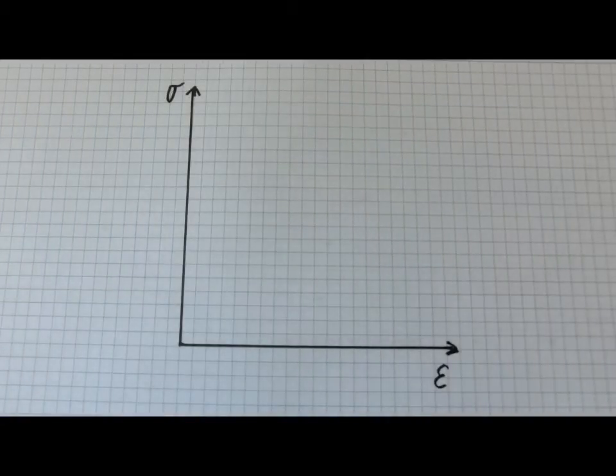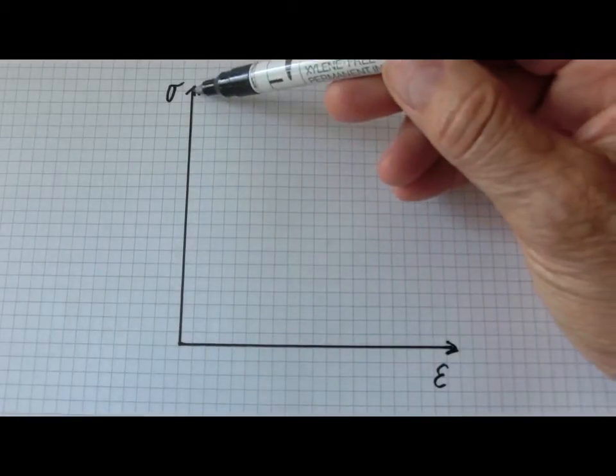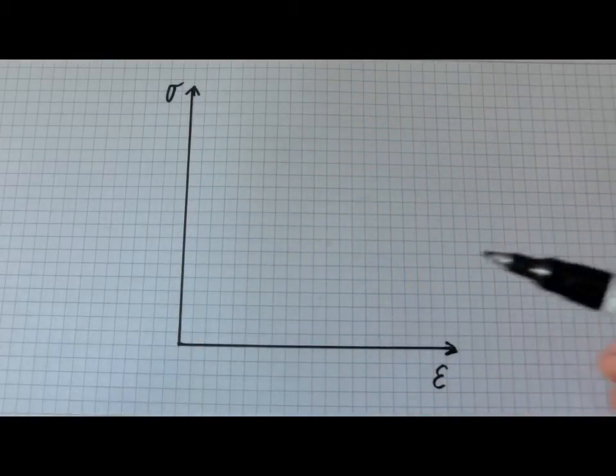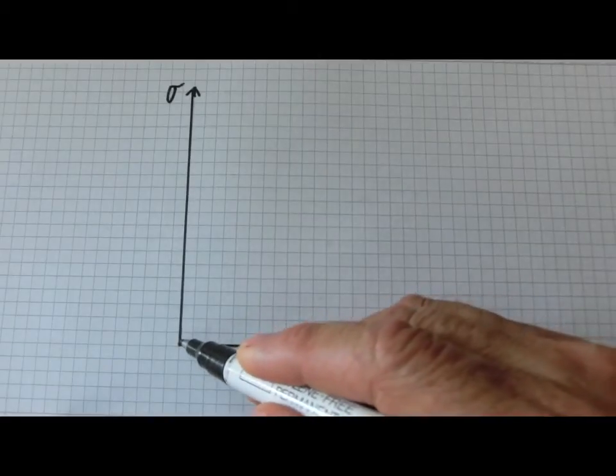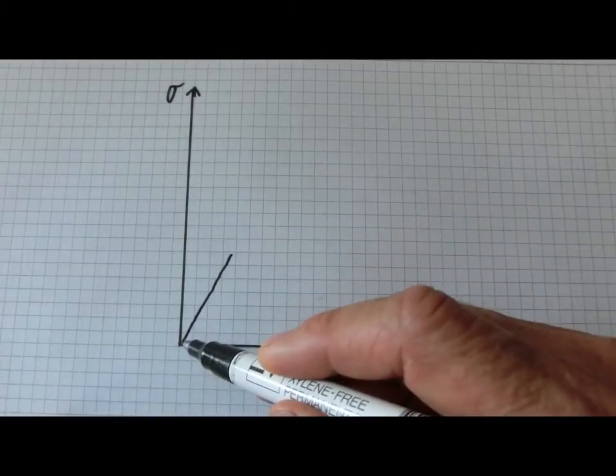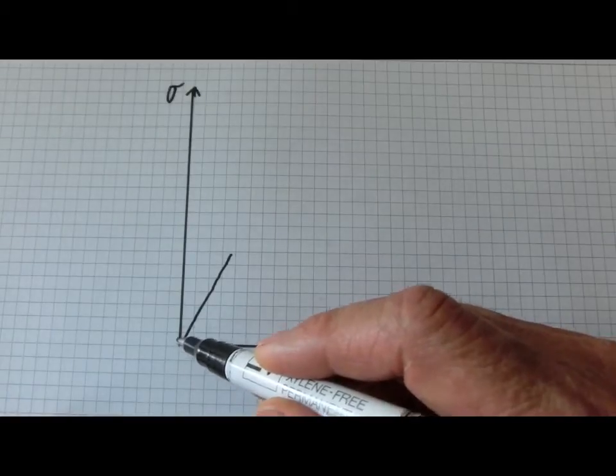Now we're going to look at this in a diagram also. We will look at the same diagram as before, the stress-strain diagram. And we see here we have the stress on this axis and the strain on this axis. And we start putting on a load. And there is a straight line as long as this is elastic deformation.